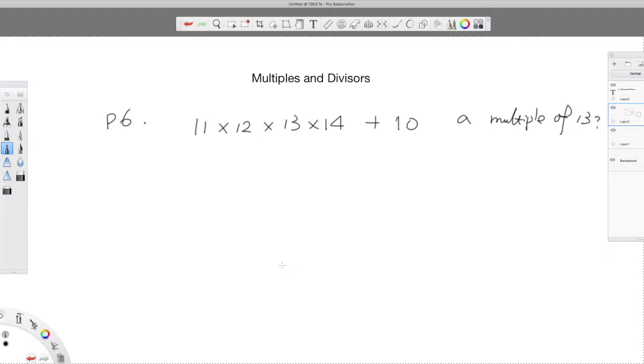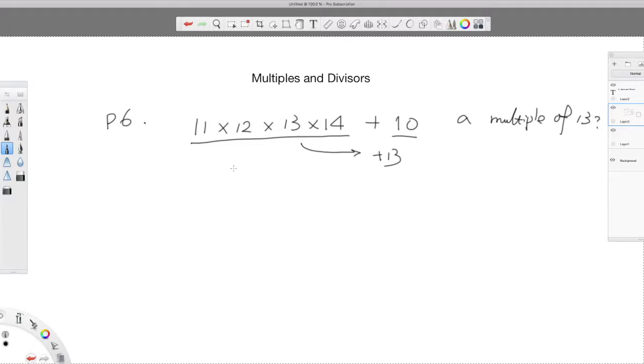Think about it. If you have finished your thinking, the answer is again no, because this number is a multiple of 13. And remember, if this number is a multiple of 13, the next multiple of 13 has to be this number plus 13. Plus 10? No, it cannot be a multiple of 13.